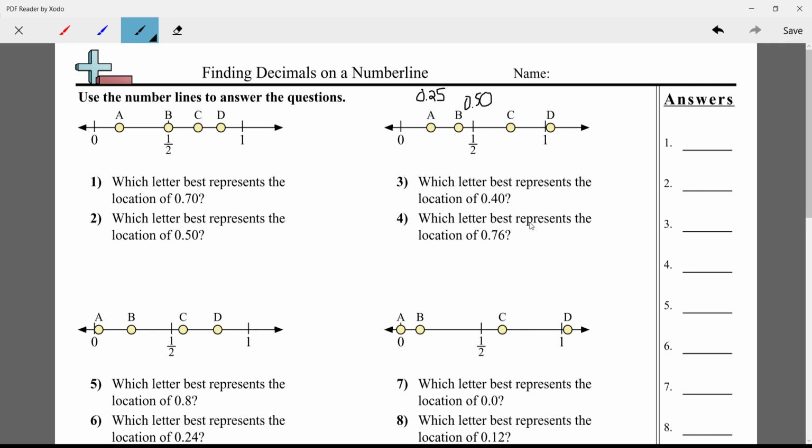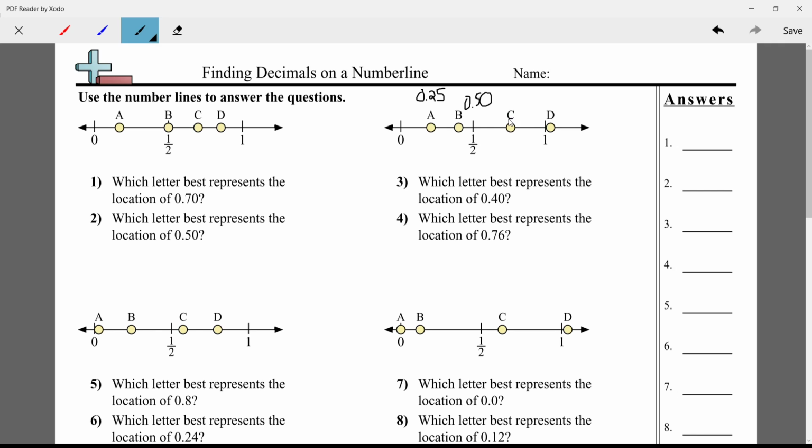Now, which letter best represents the location of 76/100ths? And as we mentioned, this one's pretty simple because 76/100ths, there's only one dot that's actually between 1/2 and 1. And 76/100ths is obviously between 1/2 and 1.